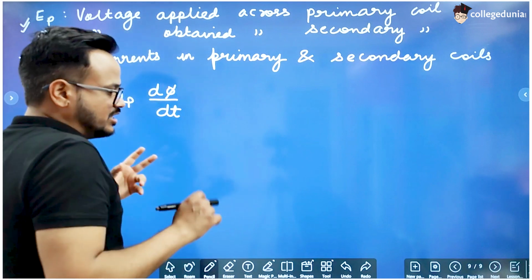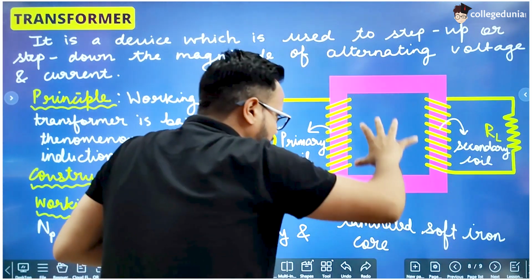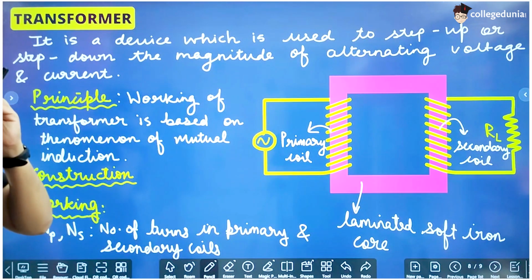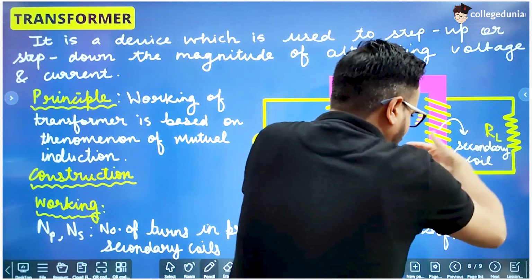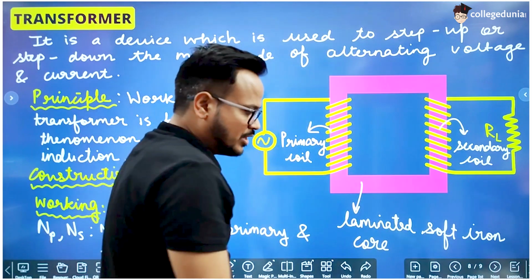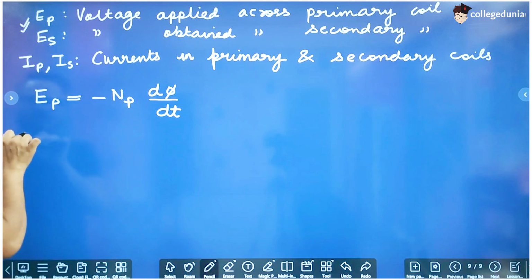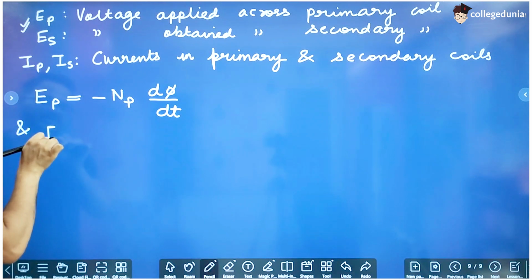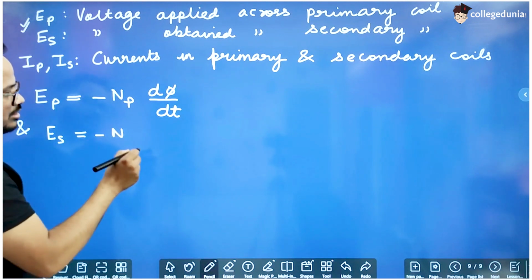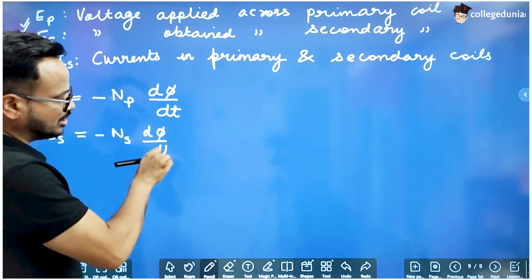Assuming that there is no flux leakage, that is, the total flux associated with this coil is equal to the total flux associated with this coil. Since these two coils are very close to each other, most of the flux which is linked with this coil will be linked with this coil also. So for the secondary coil also, we can say that ES is minus NS into d phi by dt.